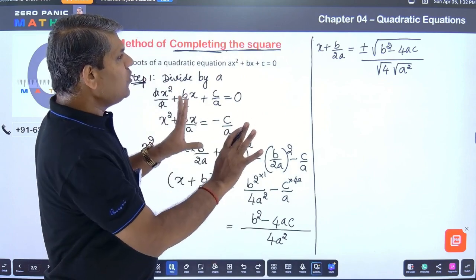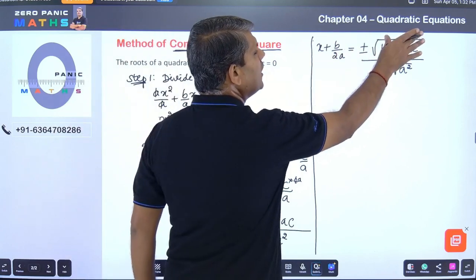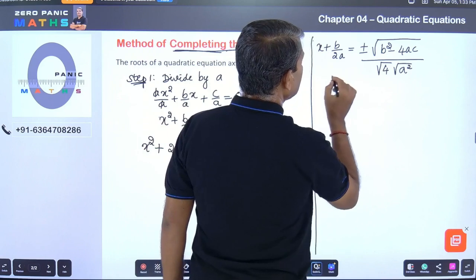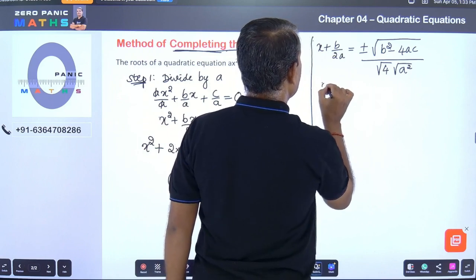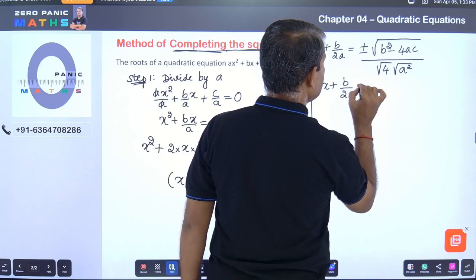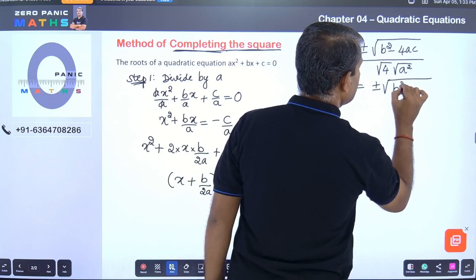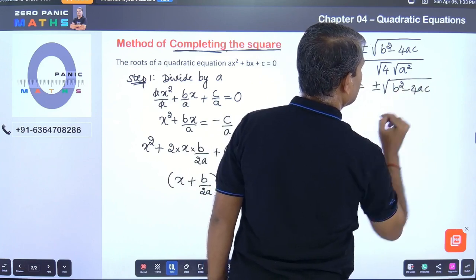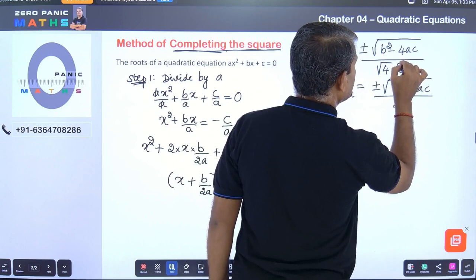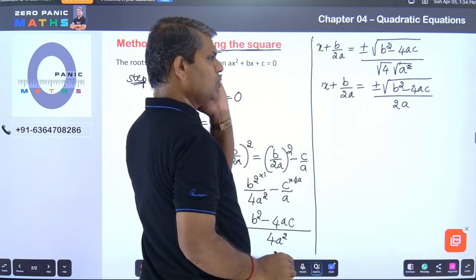So the square root that was taken from the left hand side, I have split into the numerator and denominator separately at the right hand side. That is what I did. Now let us first reduce the terms. b by 2a, keep it as it is. Plus or minus square root of b square minus 4ac, there is no change to that, divided by square root of 4 which is 2, and square root and square got cancelled, and what remained is 2a.